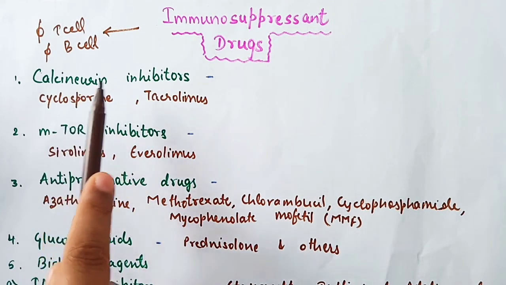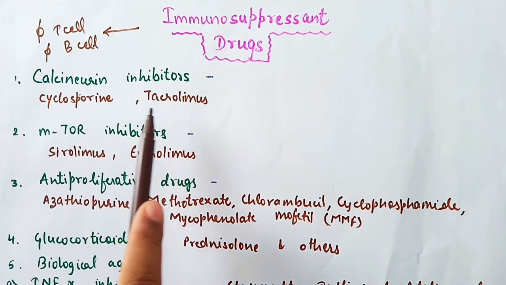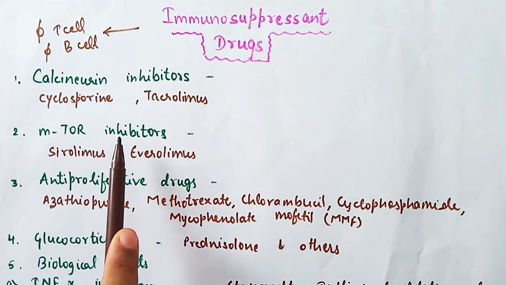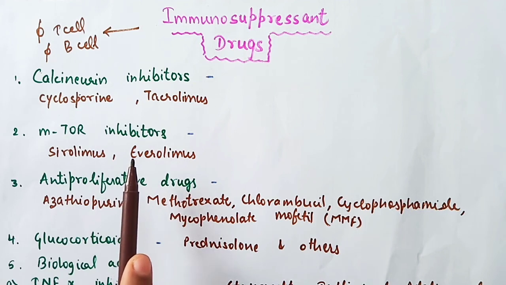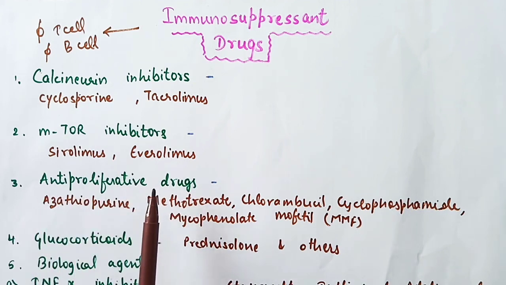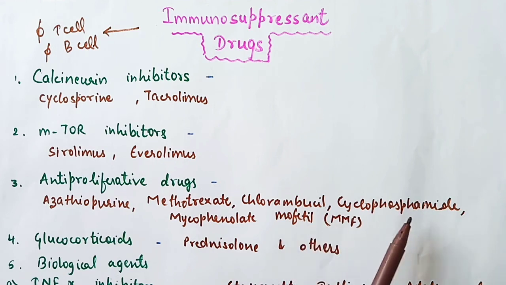They are the calcineurin inhibitors: cyclosporin, tacrolimus; mTOR inhibitors: sirolimus and everolimus; anti-proliferative drugs like azathioprine, methotrexate, chlorambucil, cyclophosphamide, mycophenolate mofetil; glucocorticoids, prednisolone and many others.